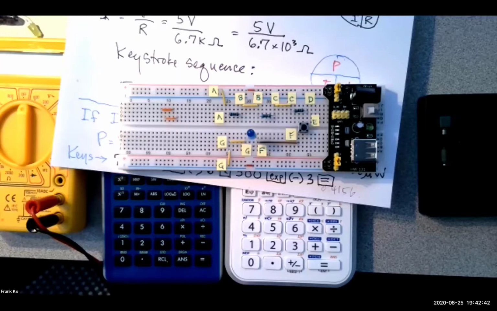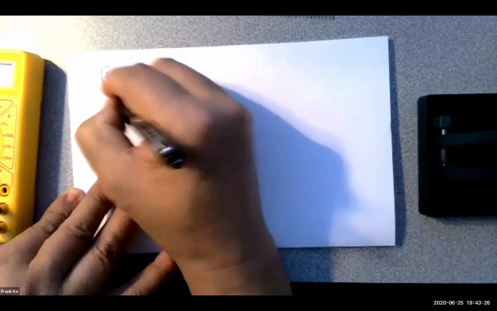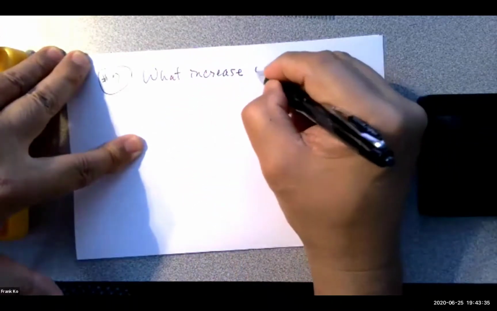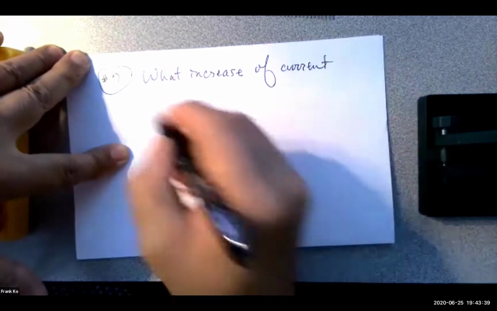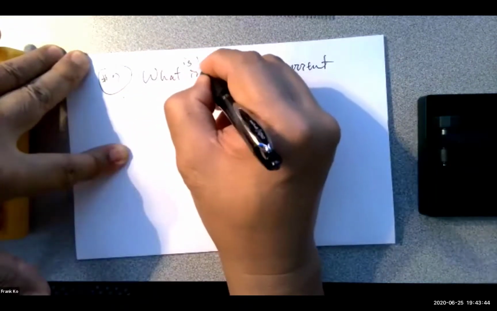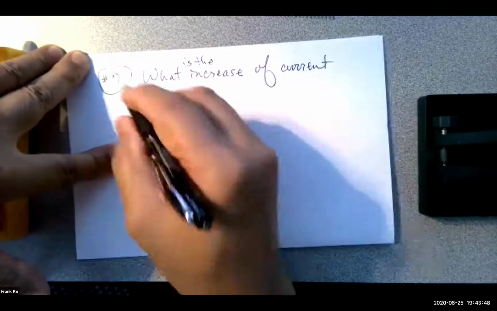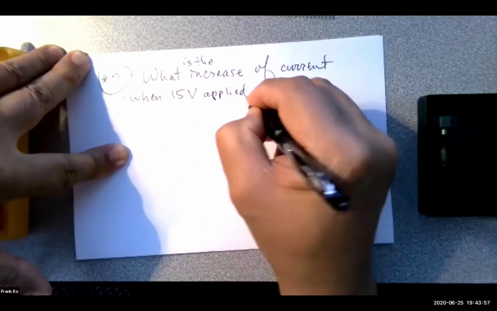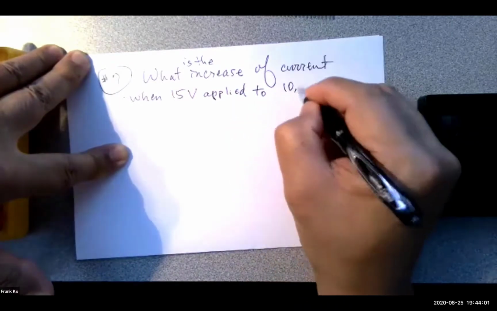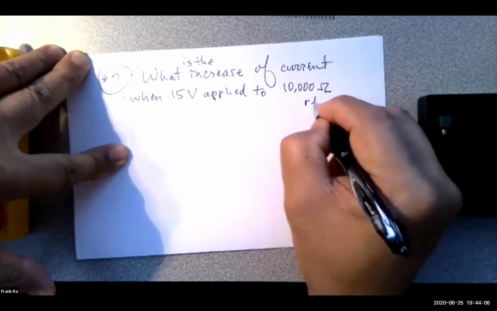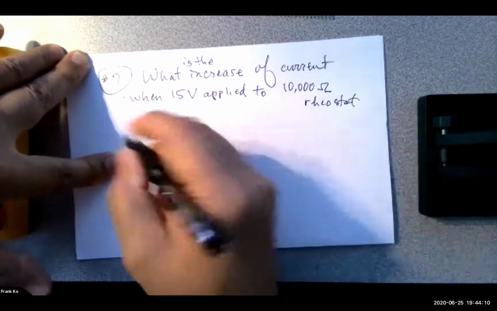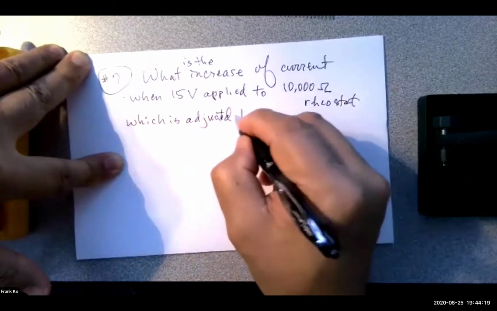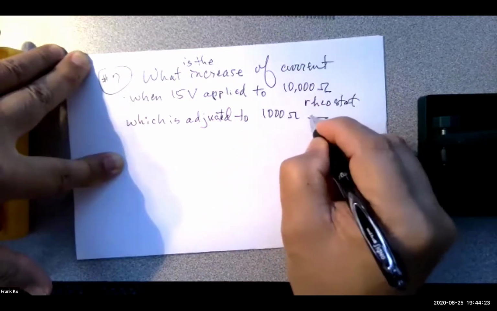So number 7 reads out this way: what is the increase of current when 15V is applied to, it looks like, a 10,000 ohm rheostat which is adjusted to 1,000 ohms. Okay, that's a really good question.